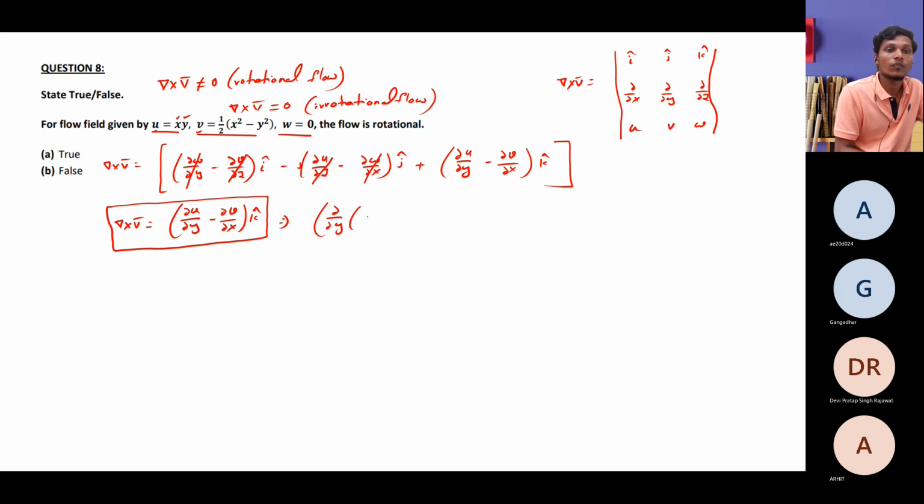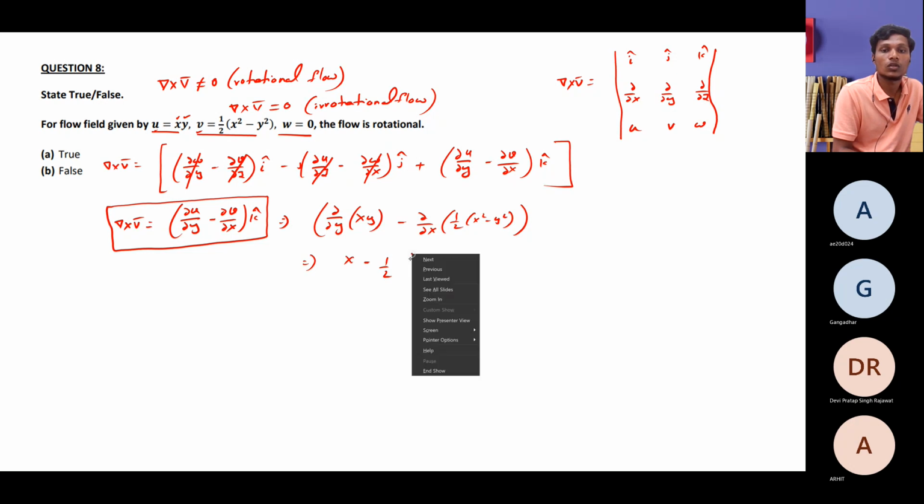∂/∂y of u, which is xy, minus ∂/∂x of v, which is half of x square minus y square. Now see, ∂/∂y will give x, and then the half you can take out, you will get 2x here.